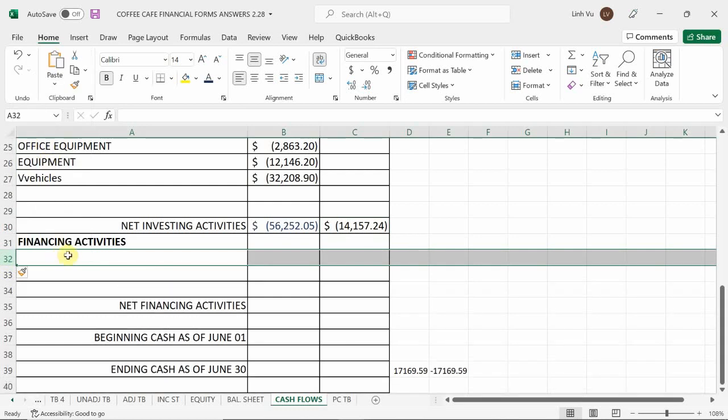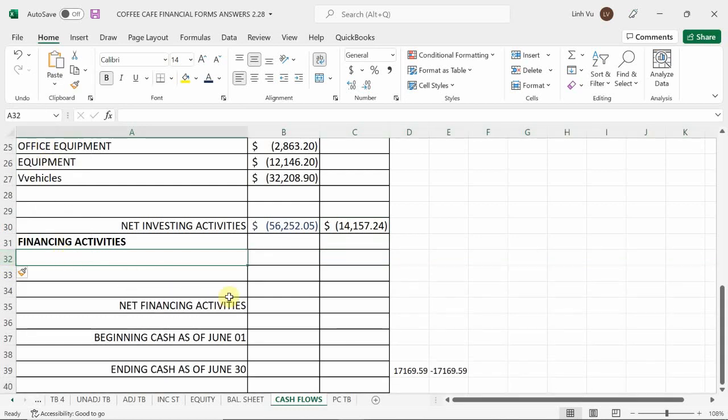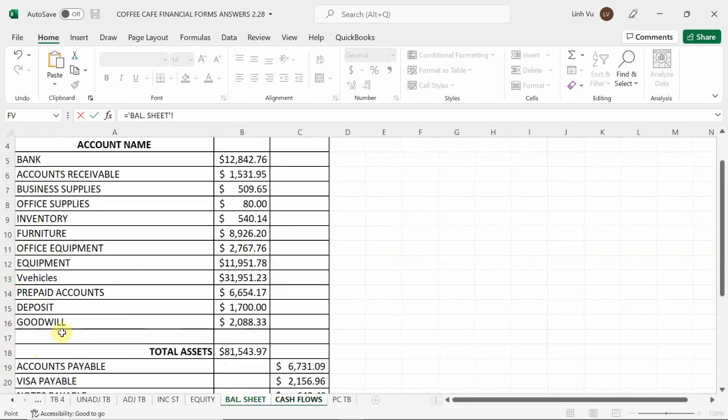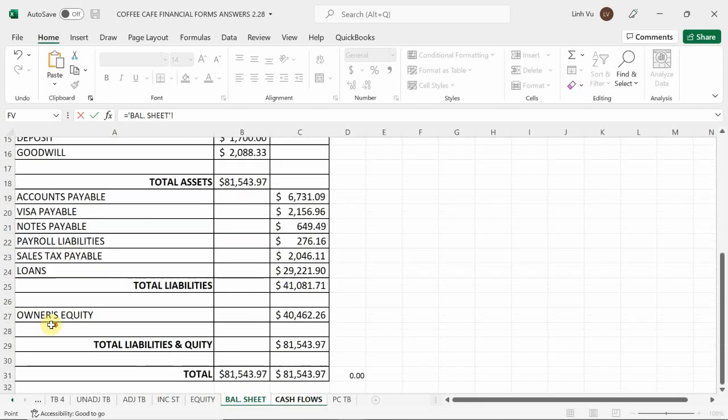Last but not least is going to be financing activities. So what are things that increased the value of your company? In this case, equity, but also things like loans, right? That is, you took out a loan in order to finance your company. So in this case, my only long-term liability I have is a loan, okay?